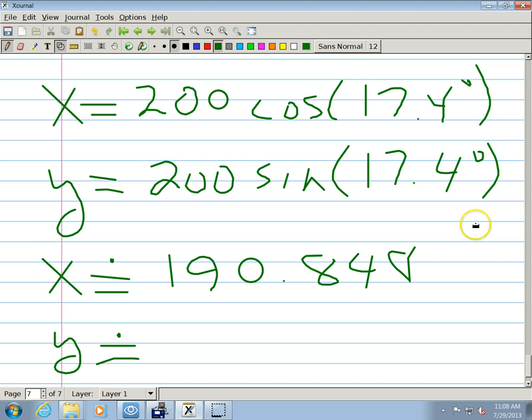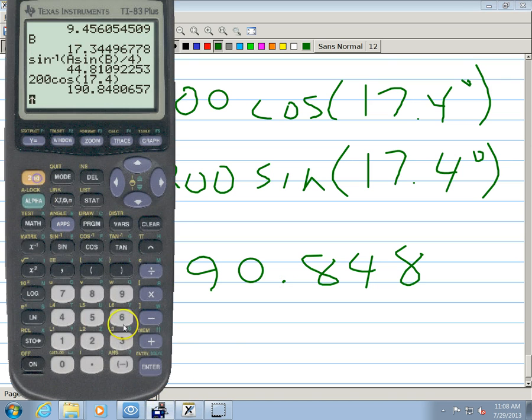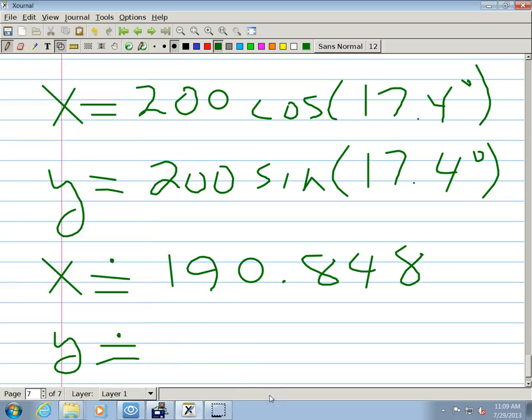Ugh, that's an 8. There's a point here. And to get the vertical component, it's real easy. Second enter, and just make this a sine. 59.808? Yep. 59.808.